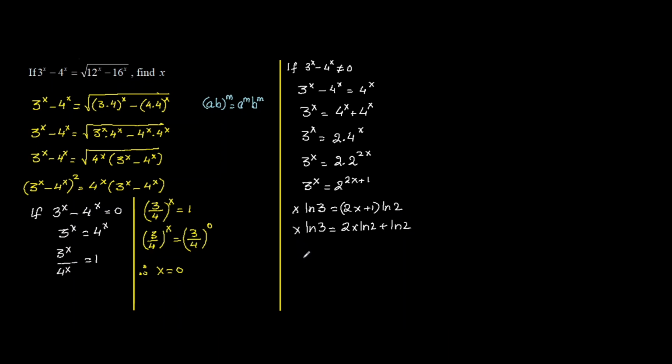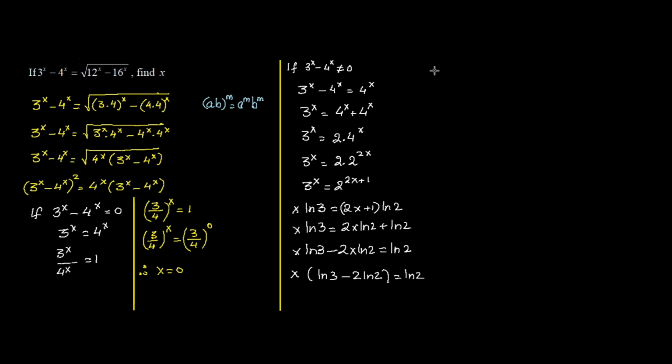Now, because we need to isolate x, we bring 2x ln 2 to the left hand side. So we have x ln 3 minus 2x ln 2 is equal to ln 2. Now we will factor out x. So we are left with x times (ln 3 minus 2 ln 2) equals ln 2.